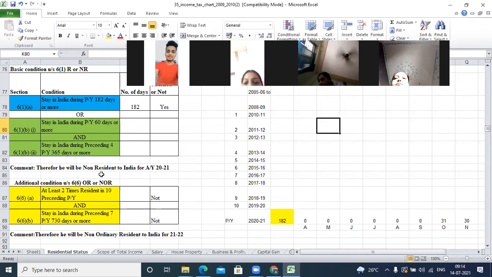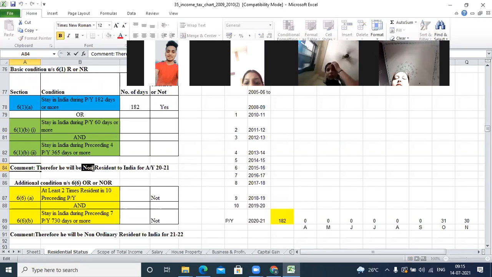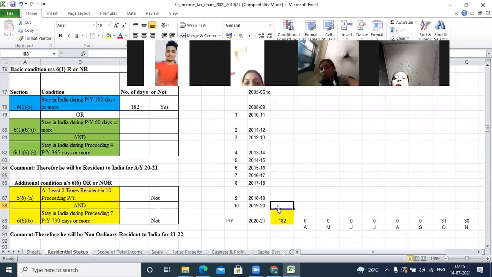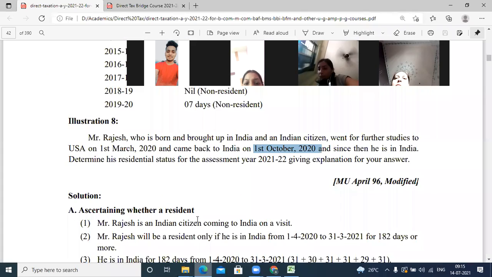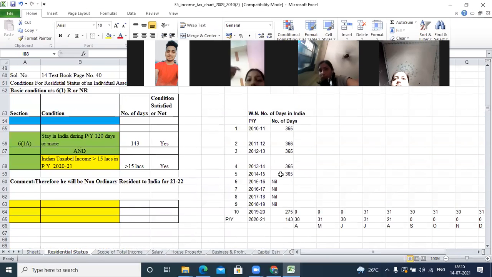No. Directly we will write, he'll be resident in India. And like the previous question, now I have to check. As he was going for the first time, born and brought up in India, went for further studies. So he's going for the first time. So what will happen? Rest all years will be like this, what we have seen here.